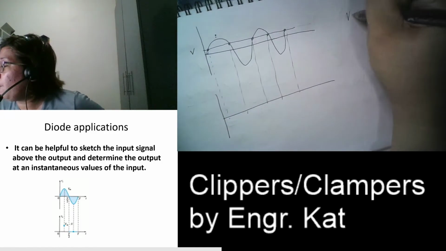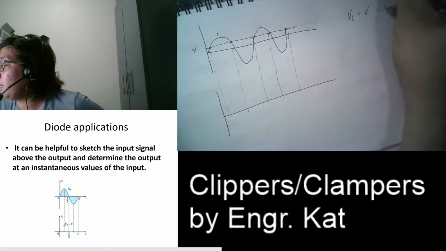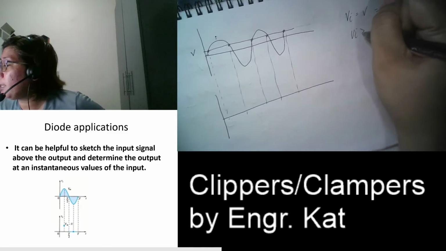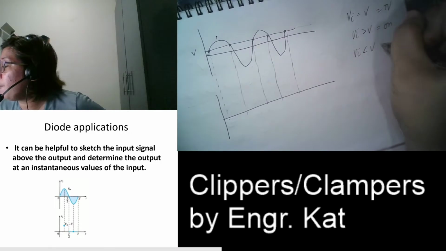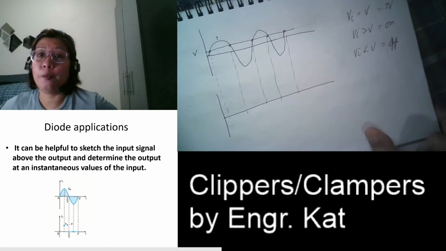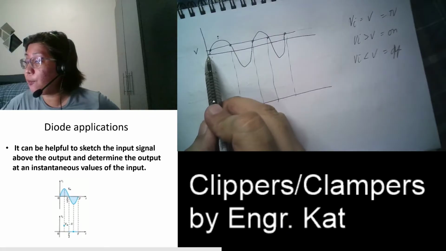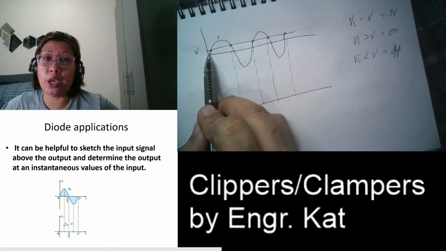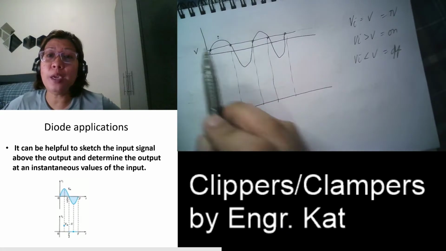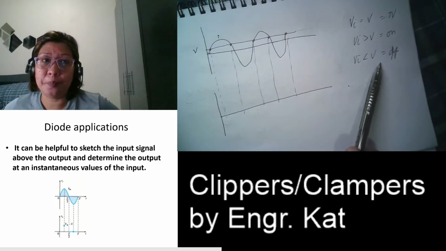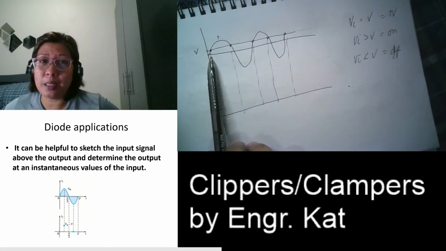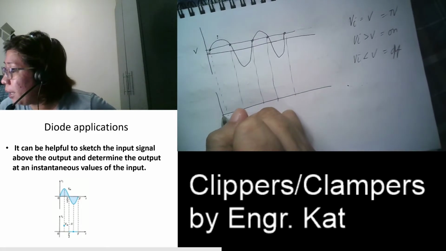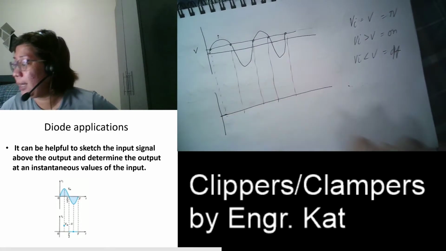Remember, when Vi is equal to V, this is transition. When Vi is greater than V, you have your on. Vi is less than V, this is off. So this small portion here is when your Vi is less than V, right? Because it is lower in value. So that means your diode here is in the off state, like this.